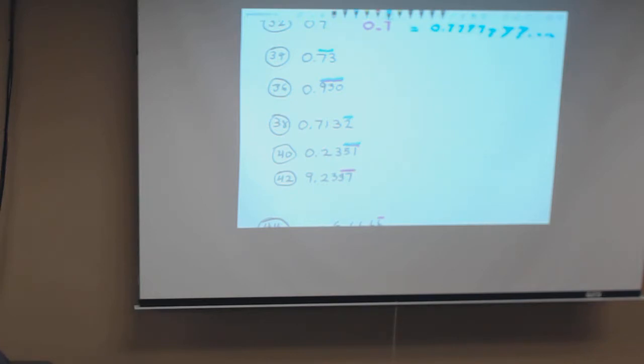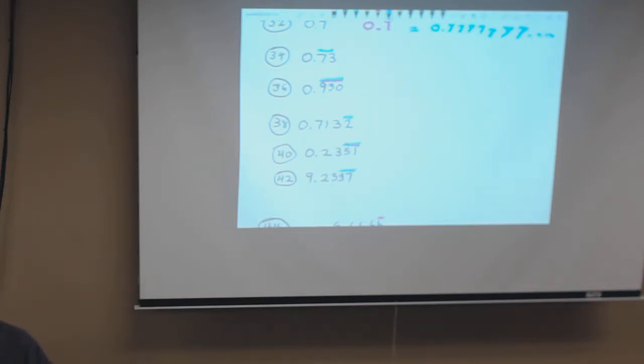What repeats for number 42? 9.233737. Well, does 73 or 37 repeat? 7. But could I also back up and say 37 repeats? The instruction said with as few digits as possible.